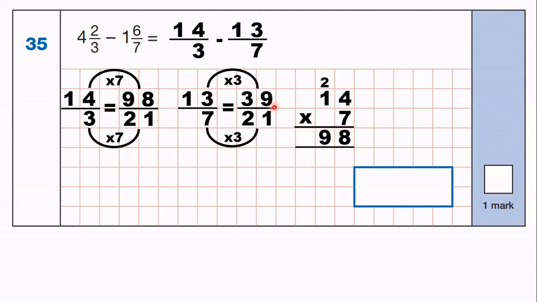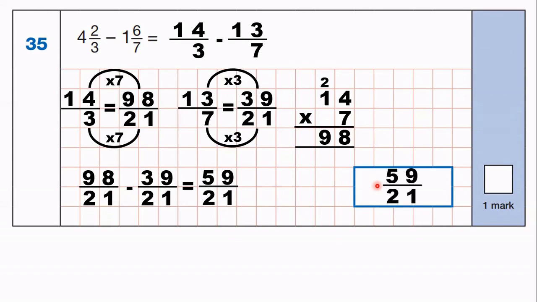So we can rewrite our question again as 98 over 21 minus 39 over 21. So finally we have fractions with the same denominator, and 98 minus 39 is 59. We keep the denominator of 21, so we have 59 over 21 as our answer.